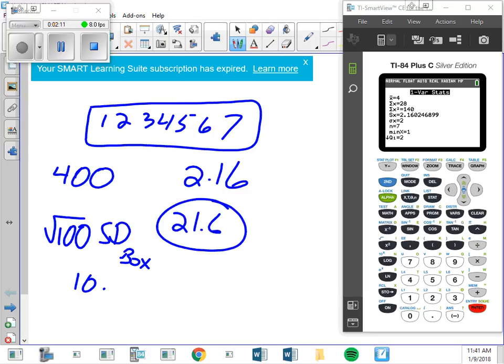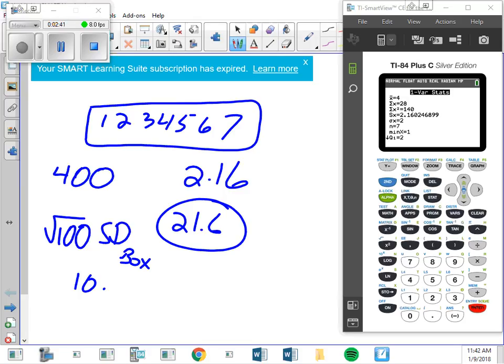So 68% of the people playing this game will be within 21.6 of 400, which is a pretty small chance or percent error. And if we played more times, then the percent error would go down. Okay, so the sum of the draws will be around 400, give or take 21.6 points.